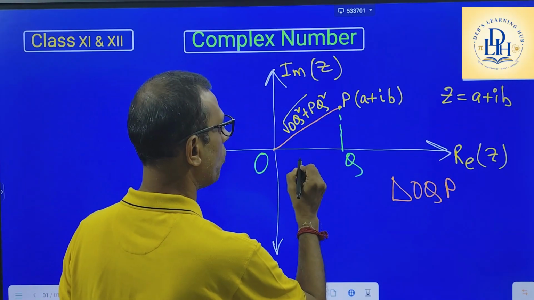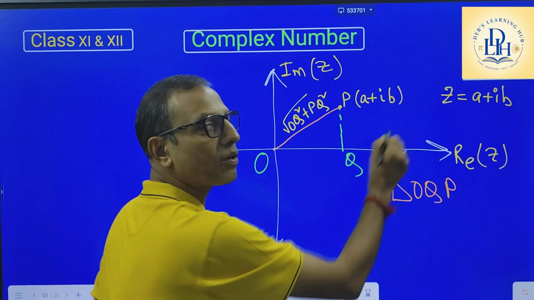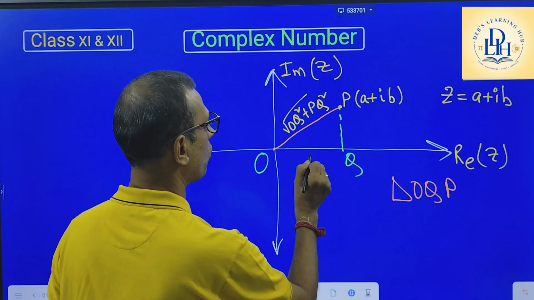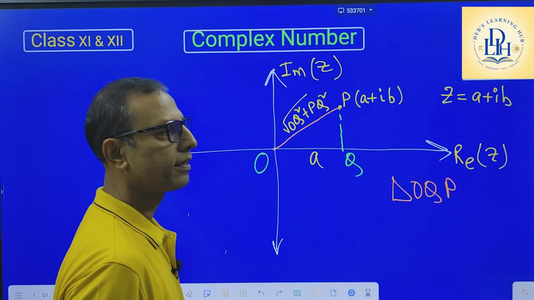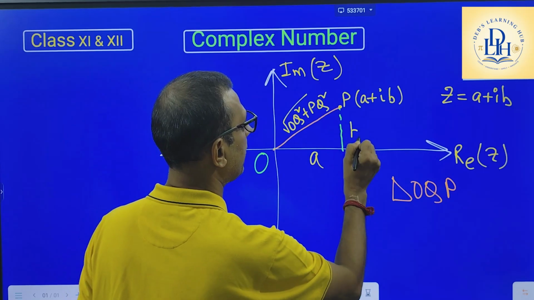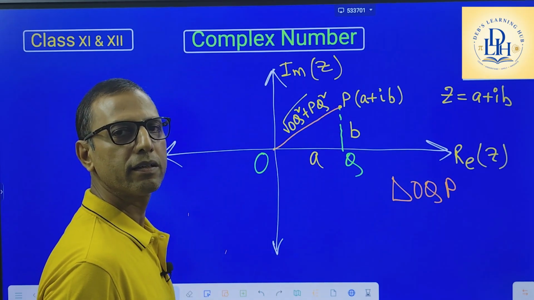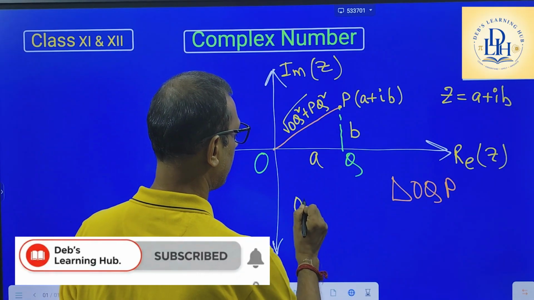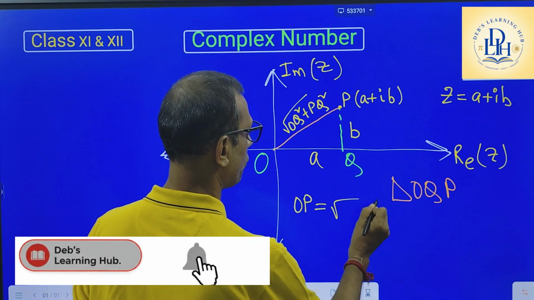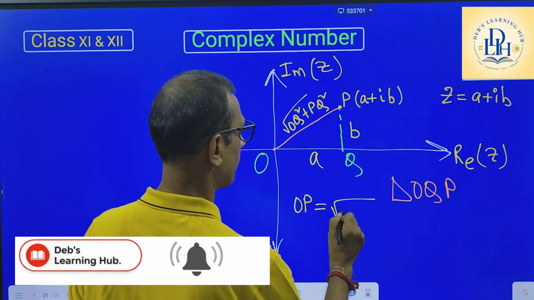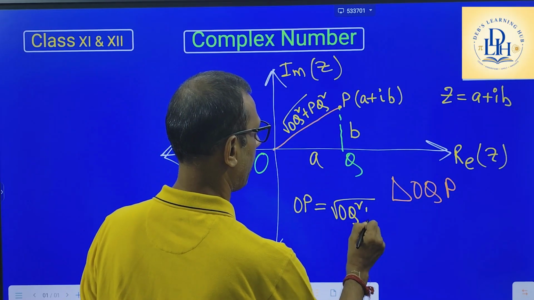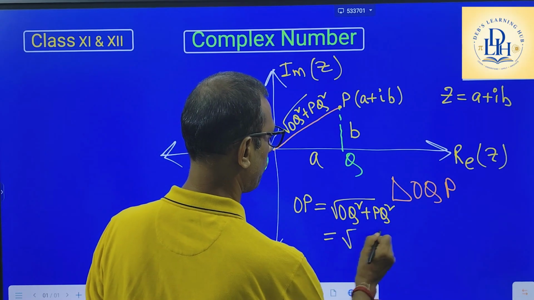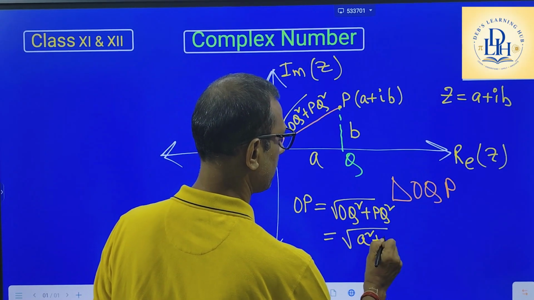What is OQ? OQ is nothing but the real part of the complex number, because this is the real axis. So OQ is a and PQ is b. Therefore OP will be root over OQ square plus PQ square, that is equals to root over a square plus b square.